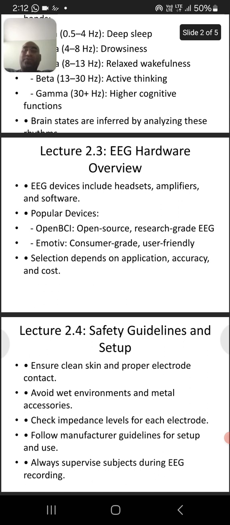To avoid that, you have to ensure the EEG headset makes good contact with the head, and you have to avoid wet environments and metal accessories so that electromagnetic interference is reduced. Check impedance levels for each electrode, and resistance values as well. Follow the manufacturer guidelines for setup and use. Always supervise subjects during EEG recording.